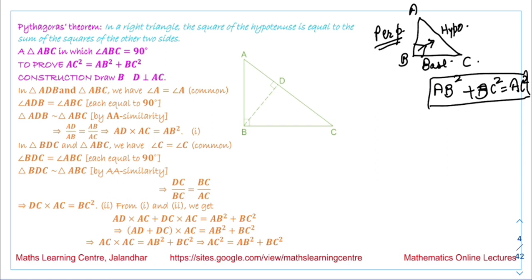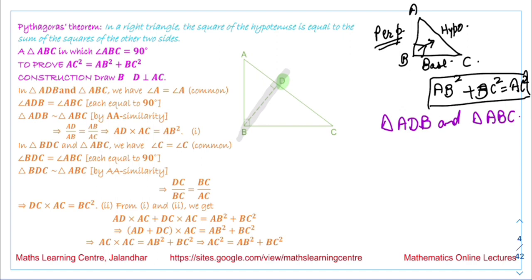This is the statement of the Pythagoras theorem that we have to prove. To prove this, we have done the construction and drawn the perpendicular from B on the side AC, and the point where it intersects is point D. Now triangle ADB and triangle ABC, these two triangles are similar.